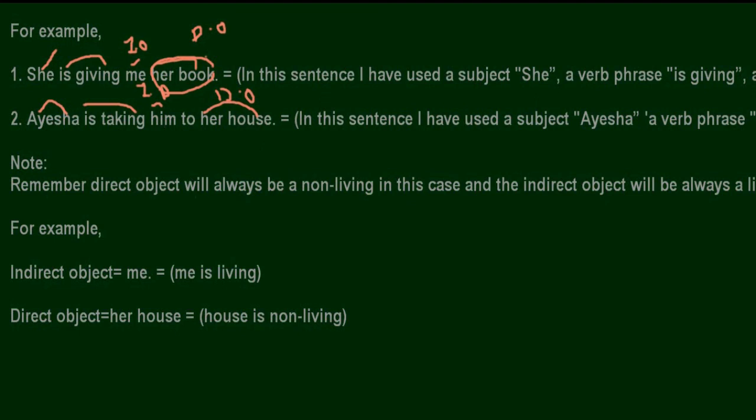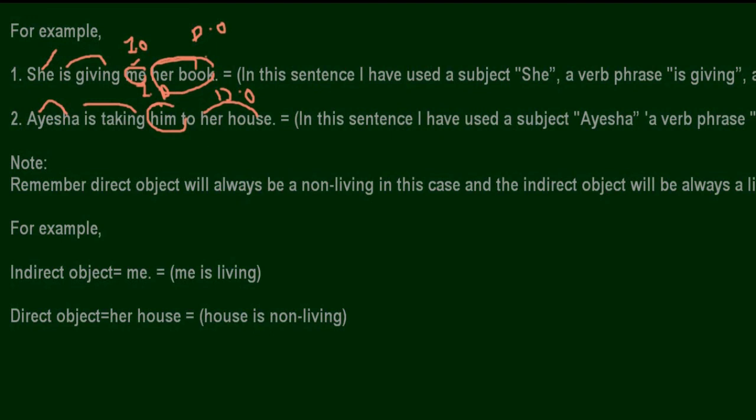Note, remember, the direct object will always be non-living in this case, and the indirect object will always be living. In a lot of cases, we see that the indirect object will be living, and the direct object will be non-living.